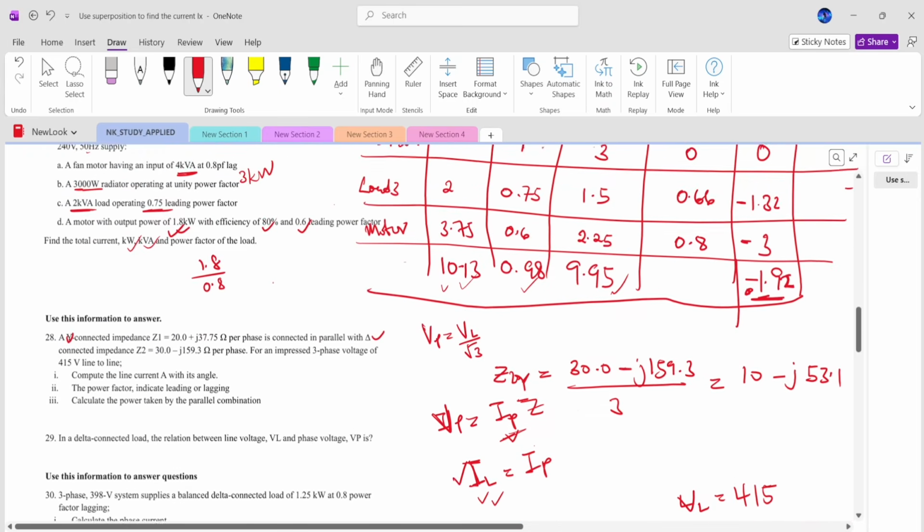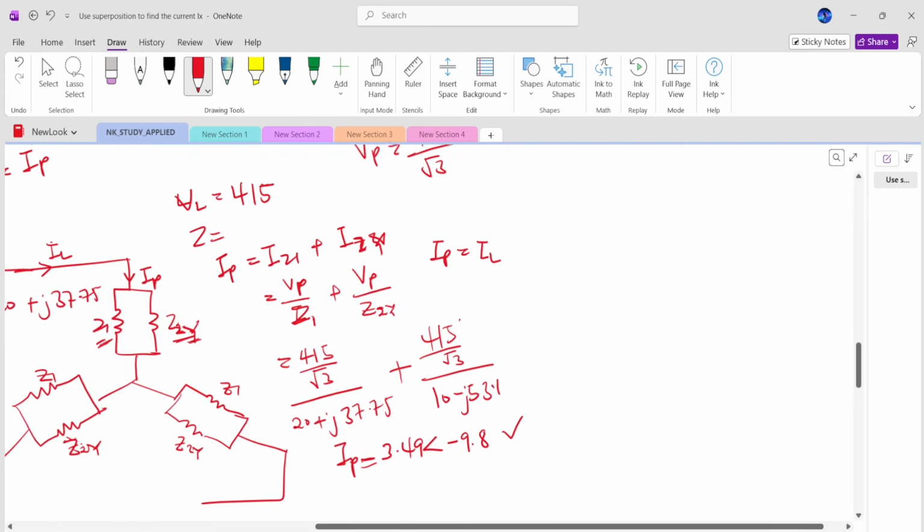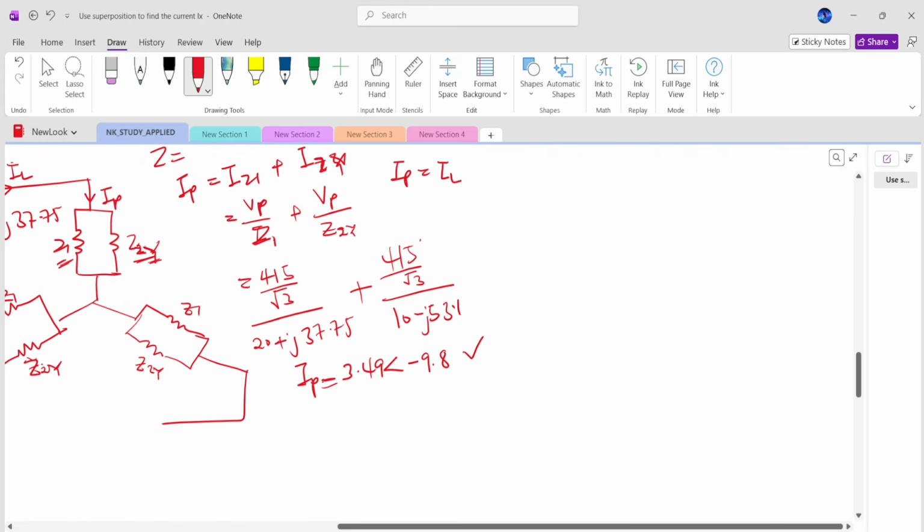Then the next one is the power factor, indicating whether leading or lagging. If you know the load current and you want to find the power factor, it's just the cos of the angle of the current.